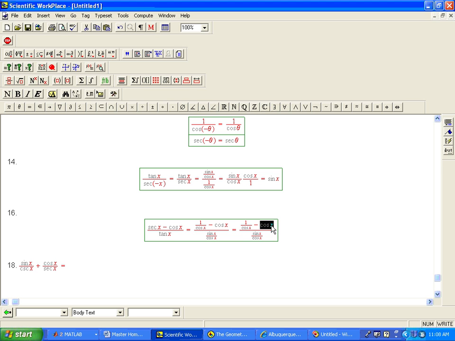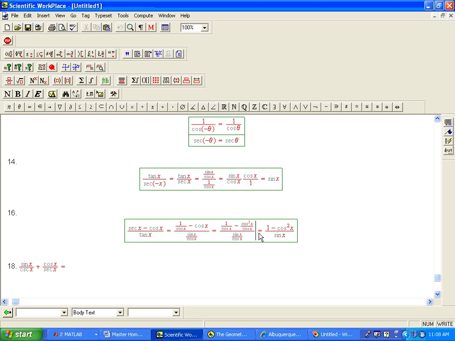So this is going to be cosine squared divided by cosine. And now I've got cosine, cosine, cosine all on the bottom. So what I can do is multiply by cosine x on the top and on the bottom.